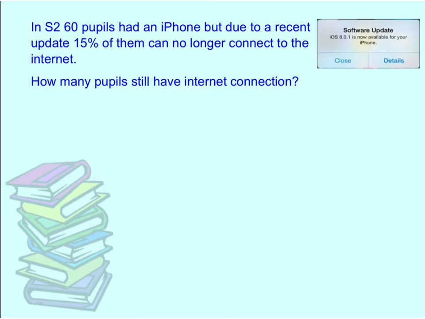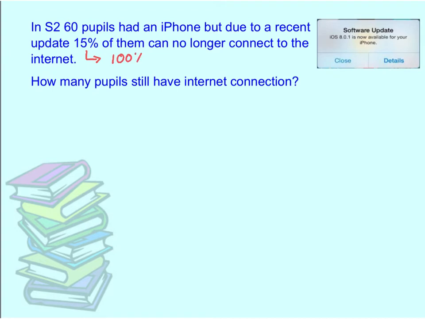Okay, so let's see if we can use our new method to do these super quick. So for this one here, we have in S2, 60 pupils had an iPhone, but due to a recent update, 15% of them can no longer connect to the internet. Boo! How many pupils still have internet connection? Right, okay, so up to here.